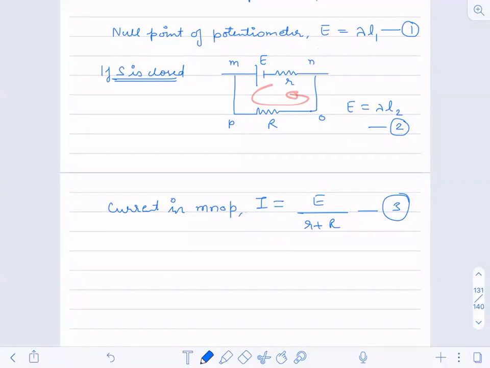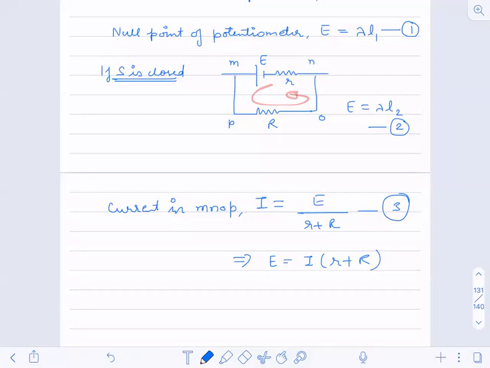Just check how I'm going to write it. From equation 3, can I write E as I into r plus R?